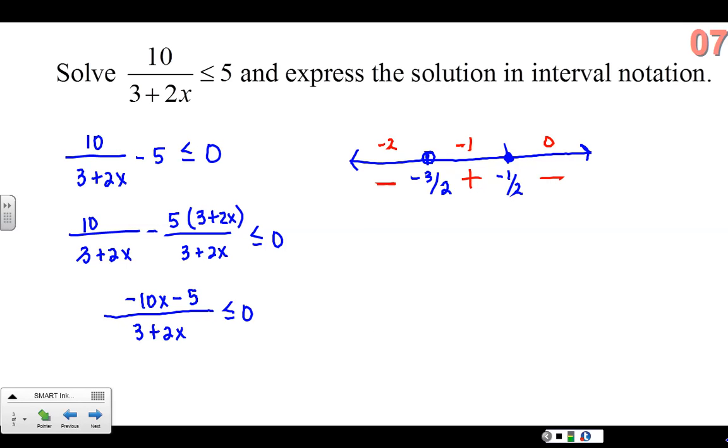But negative would be all of these numbers. So my interval notation would come from negative infinity up to negative 3/2, not included. And then you have a skipped area, so union, and then from negative 1/2 to infinity. So hopefully this will help.